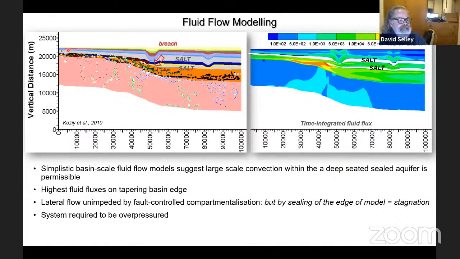We may see some mineralization at the redox interface, but unless we breach this overlying cap, we have no fluid throughput and we're unlikely to generate ore. So we have this unusual situation where we may have an intensely altered aquifer developed over a huge distance, but relatively limited mineralization. What happens when we breach the seal?